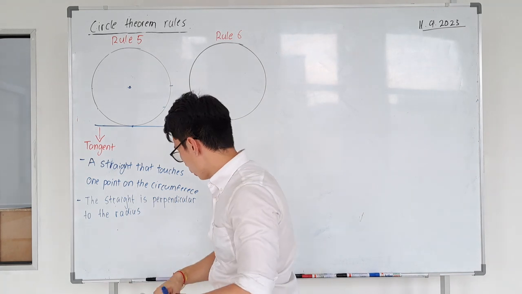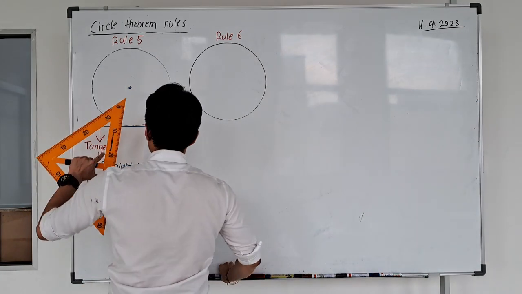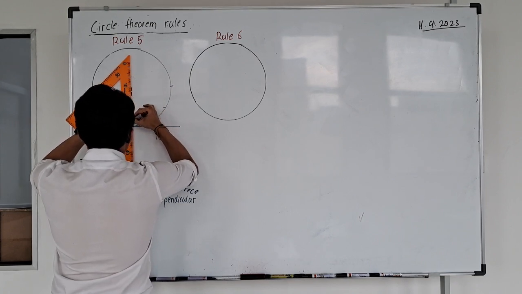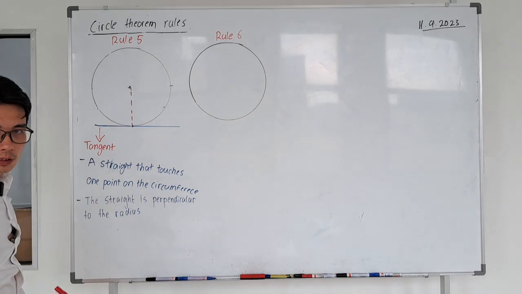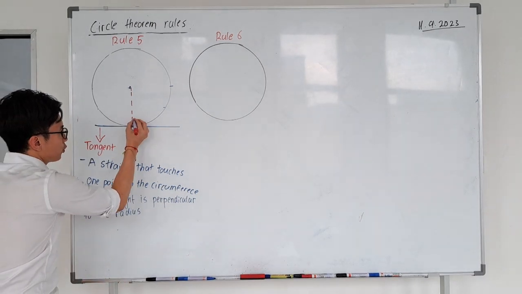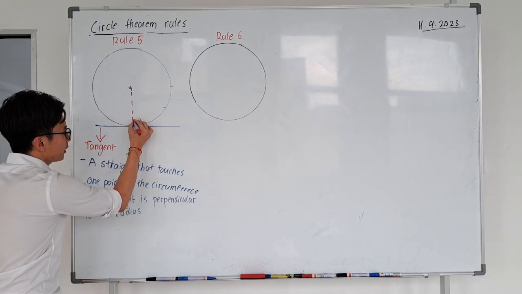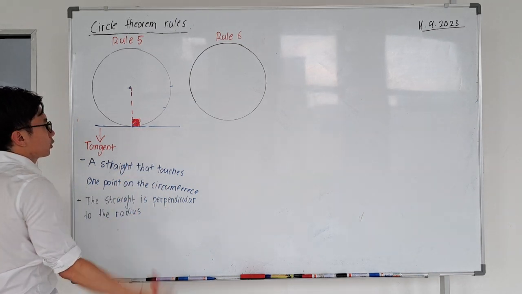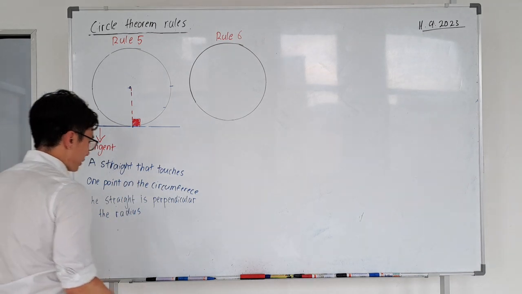So if I were to draw a radius over here, and if you were to draw this diagram out, you will use your protractor to measure this angle here. You will notice it will be 90 degrees. So that's a tangent.